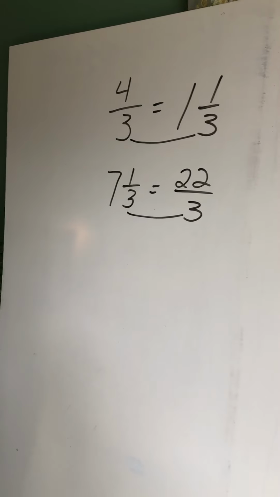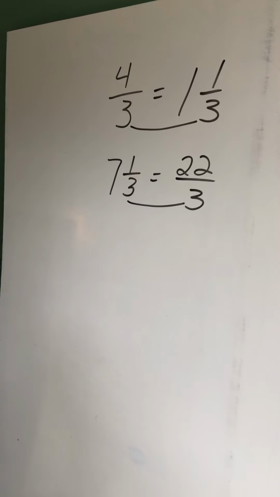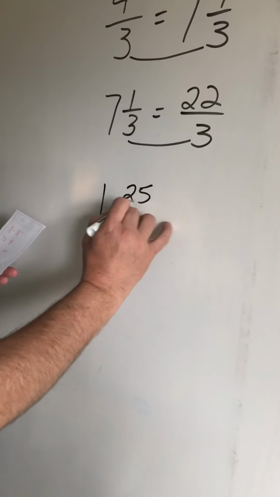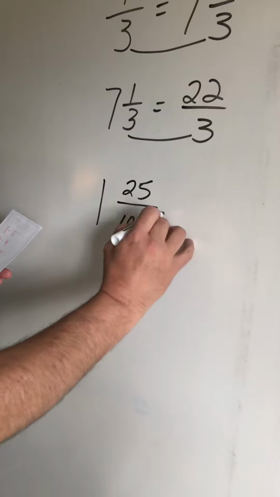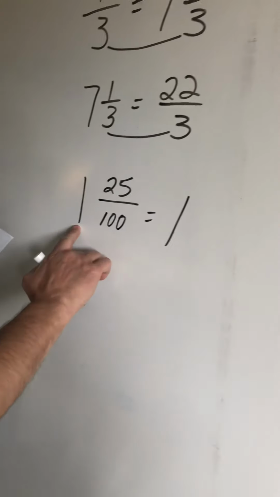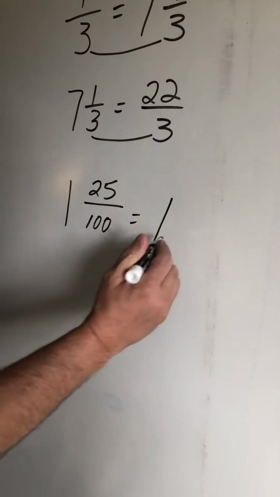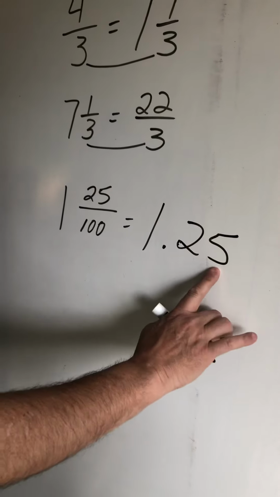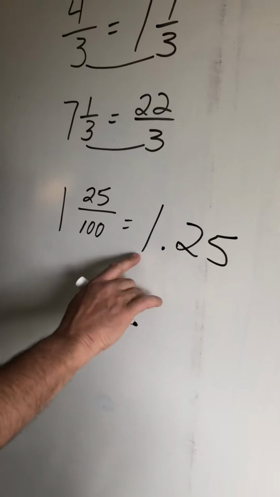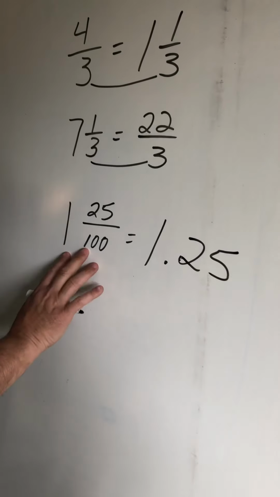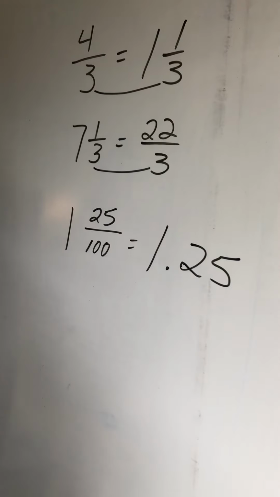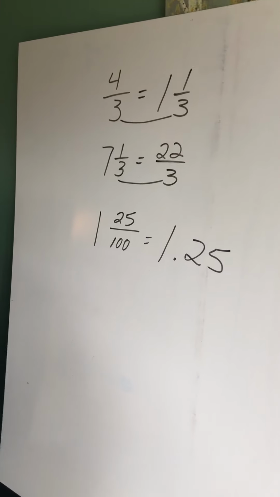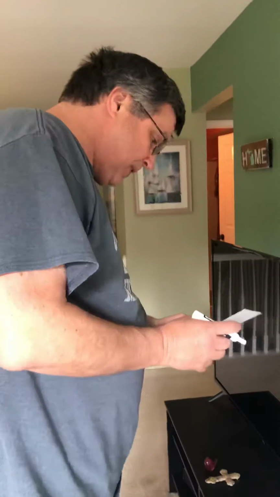Part 3 is write each mixed number as an improper fraction. So if we have something like this, you guys will probably remember, okay? The 1 whole doesn't change, and this is 25 hundredths, and that's also 25 hundredths right there, and you say it the same way. So this is 1 and 25 hundredths. This is 1 and 25 hundredths. You actually say them the same way too. And then part 4 is write each fraction.